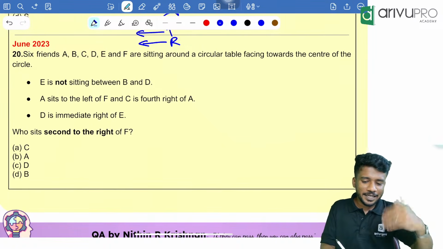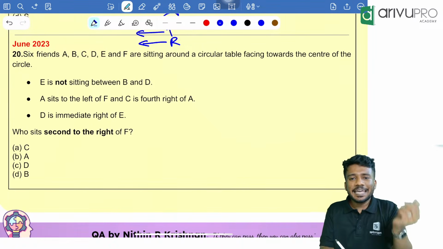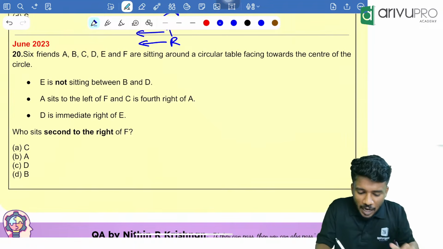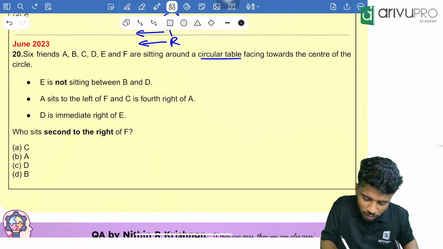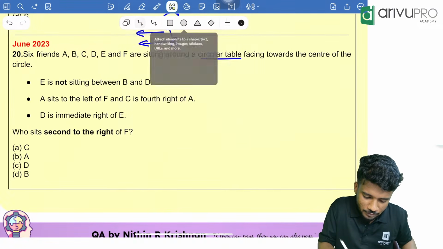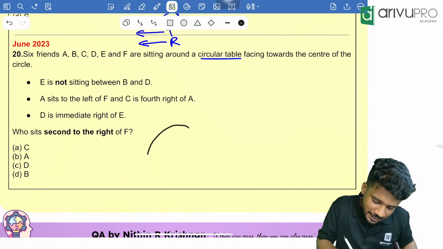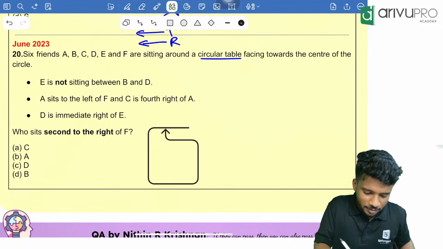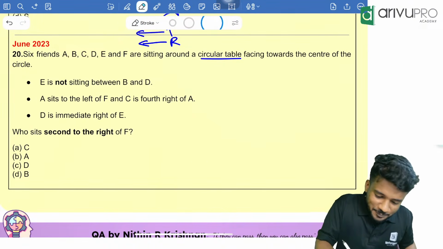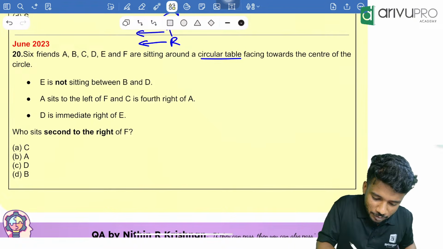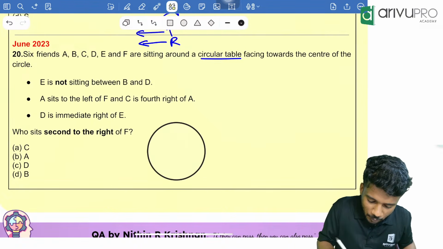The June 2023 question: A, B, C, D, E, F are sitting around a circular table. Again, I am going to draw. Okay, fine.